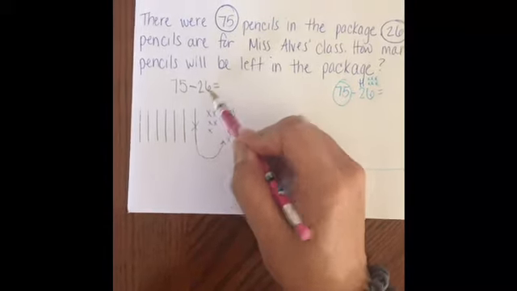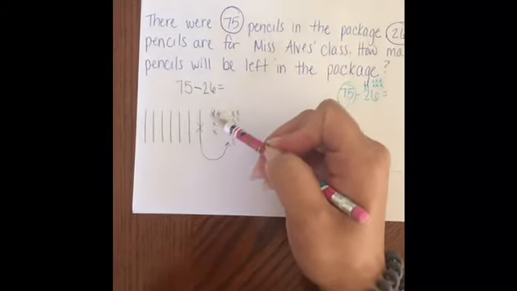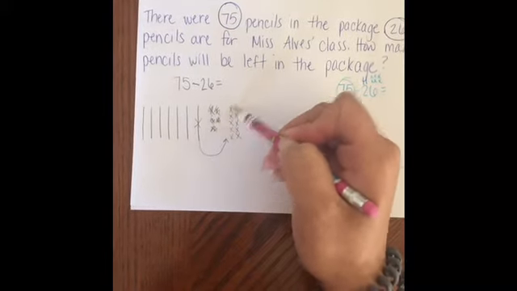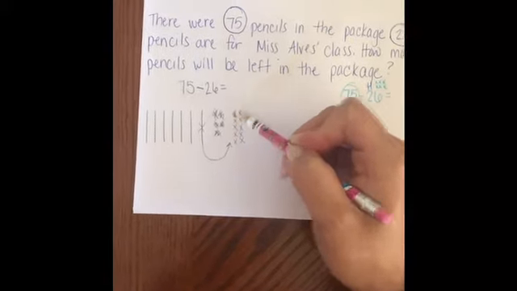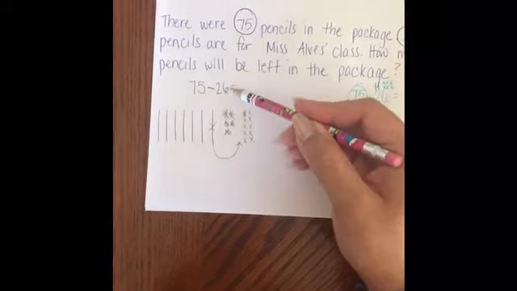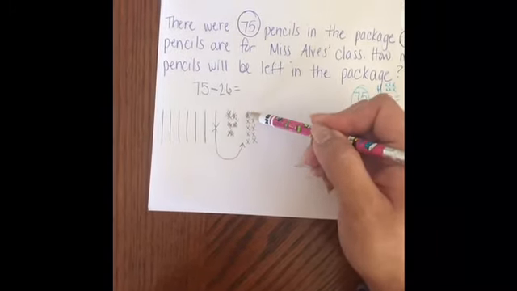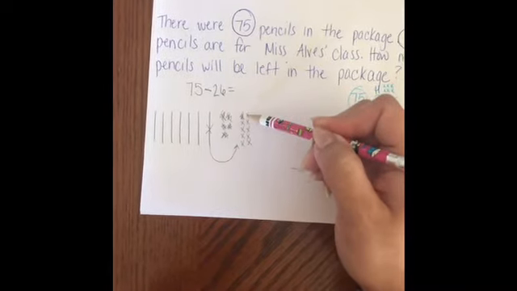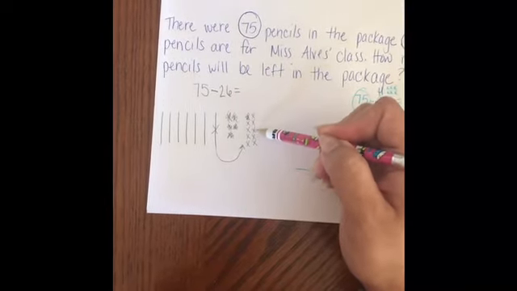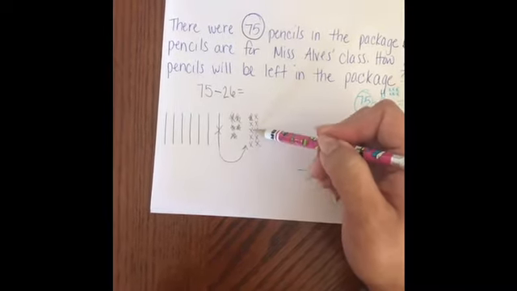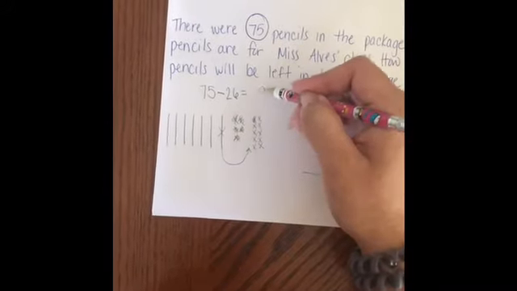Now I can take away 6. 1, 2, 3, 4, 5, 6. So I have left, I had 5, I added 10, that was 15, and I took away 6. And I have left 1, 2, 3, 4, 5, 6, 7, 8, 9.